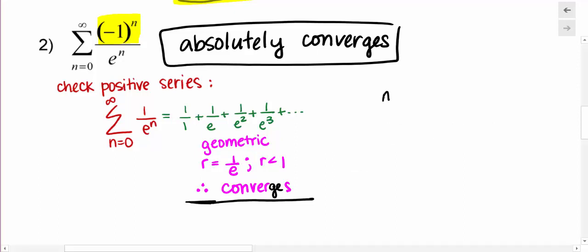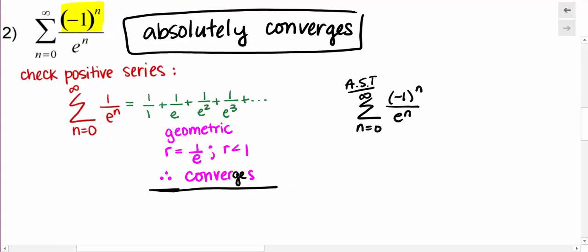Now, if I wanted to, I could show using alternating series test that the alternating series does in fact converge as well. I'll quickly prove that for you, but this is not something that you would have to do. So if I go from 0 to infinity, just rewriting my series here. So I would want to prove two things. I would want to show that the limit as n approaches infinity of 1 over e to the n absolutely is 0.